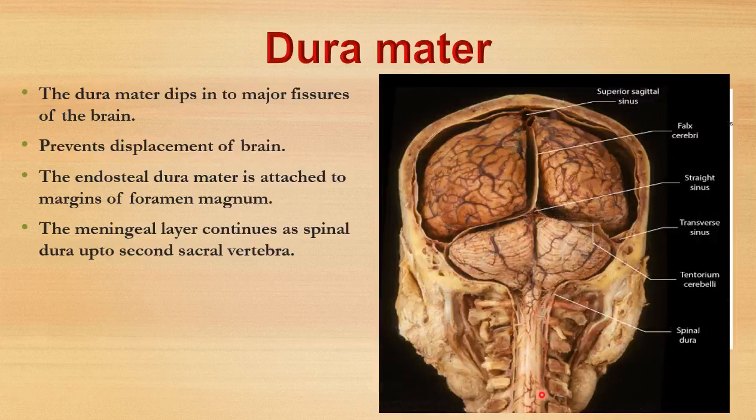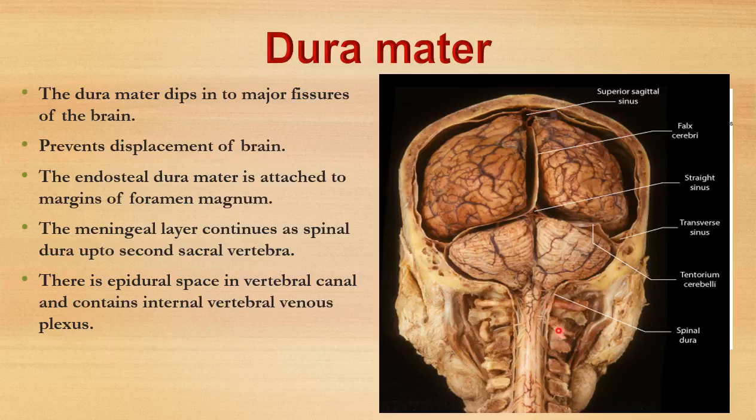You are able to see the spinal dura and the dural folds. The meningeal layer which forms a double layered fold is actually your falx cerebri and the tentorium cerebelli. They prevent mechanical displacement of the brain, and they also contain within them the dural venous sinuses.